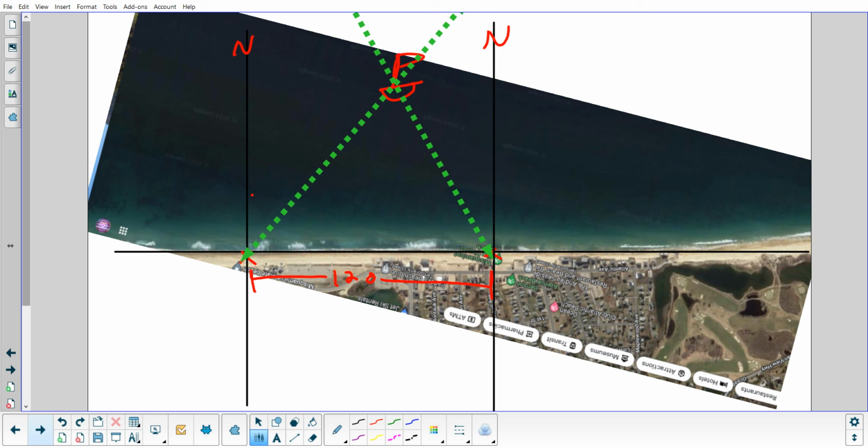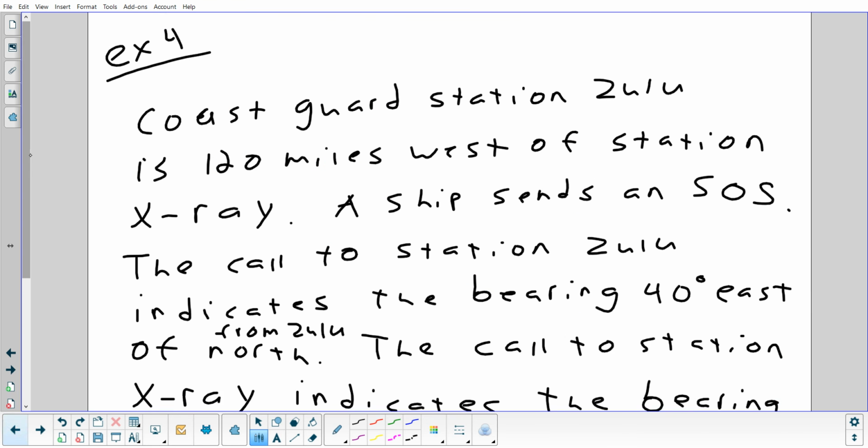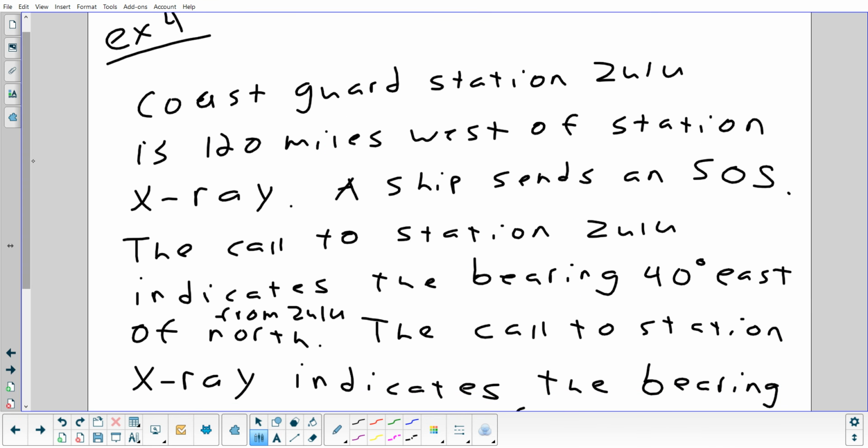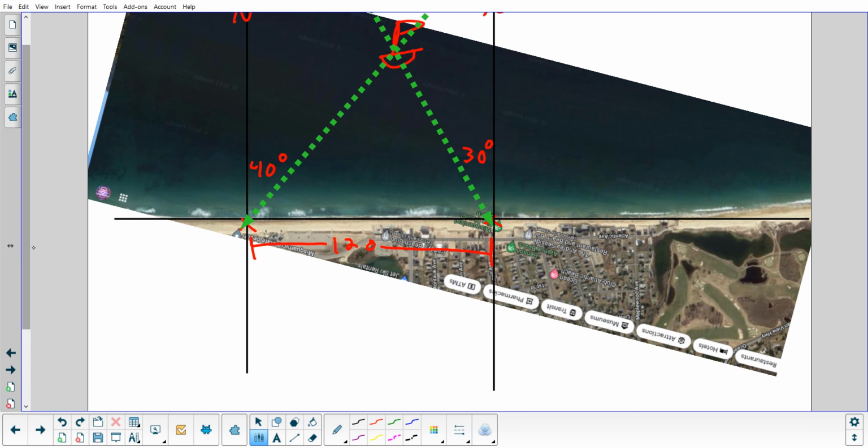Yep, 40 degrees. And was the other one 30 degrees west? Okay. Which Coast Guard station was which? Zulu is west of X-ray. So here's station Zulu, I could just name them. Zulu's over here, X-ray's over here.